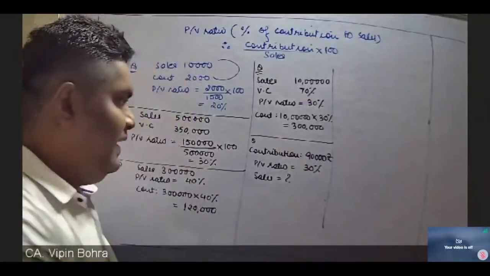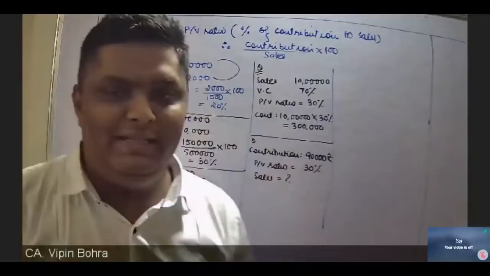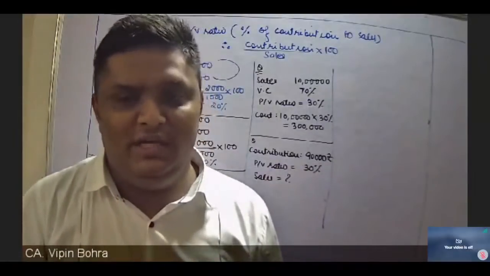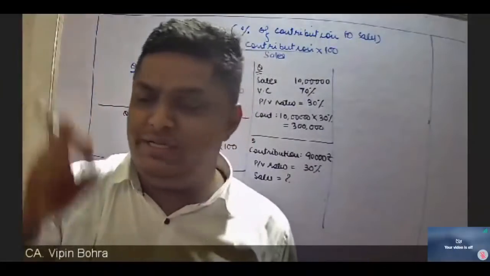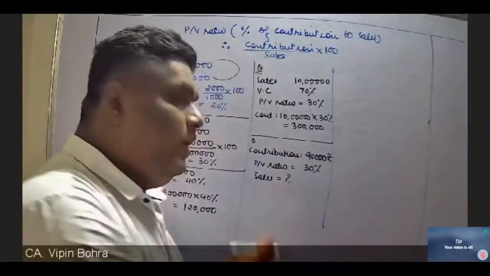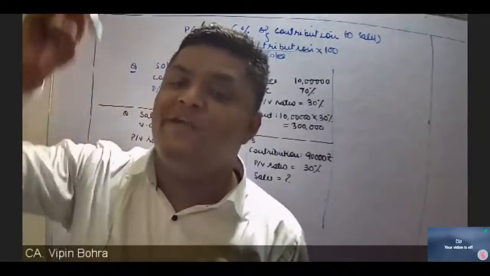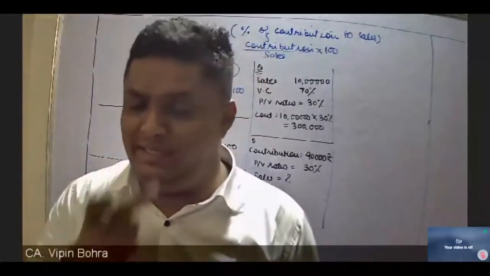I repeat again, my contribution is 90,000. My PV ratio is 30%. That is my percentage of contribution to sales is 30%. So what will be my sales? I have to calculate a figure whose 30% is 90,000.